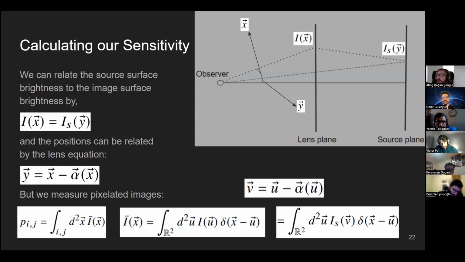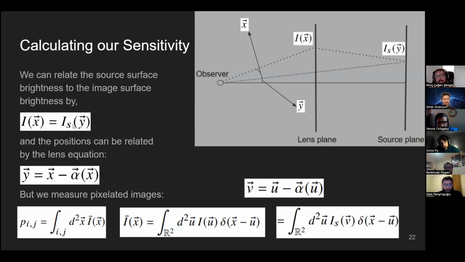So you have some source light distribution on the source plane, the source light intensity, surface brightness. Y is the source plane coordinate, and this gets lensed by a lens plane. For simplicity, I'm only assuming a single lens plane. And this I(X) is what you observe in the sky. It's the intensity that you observe at each position X. X is the observed position, Y is the source position, angular positions these are.